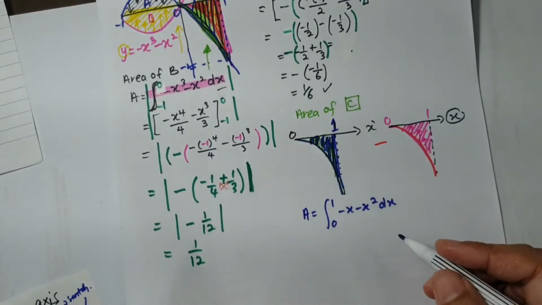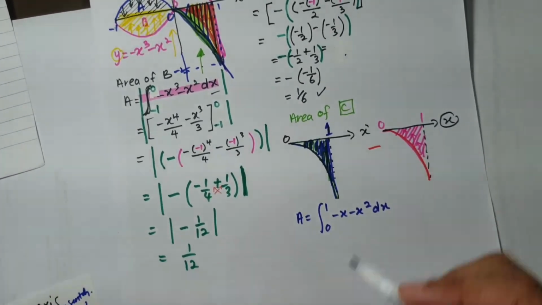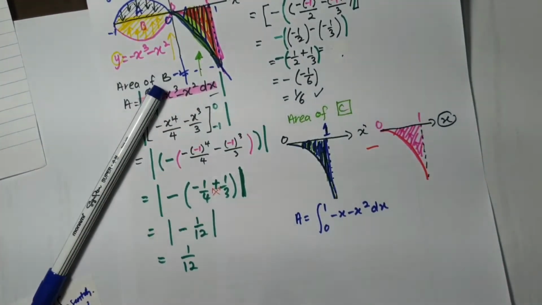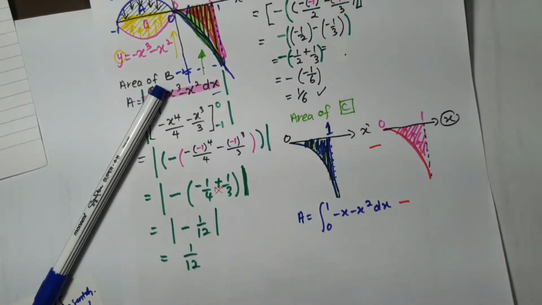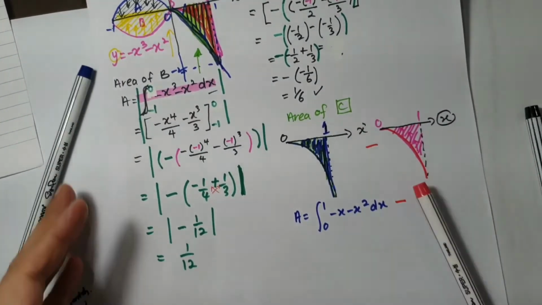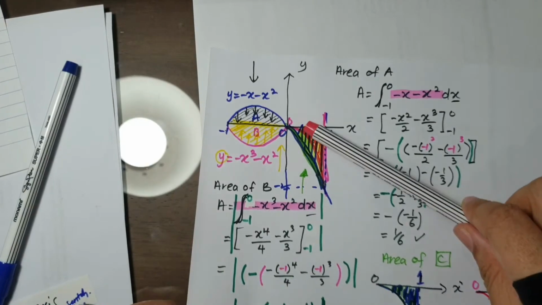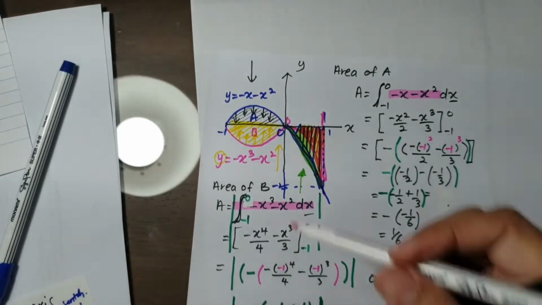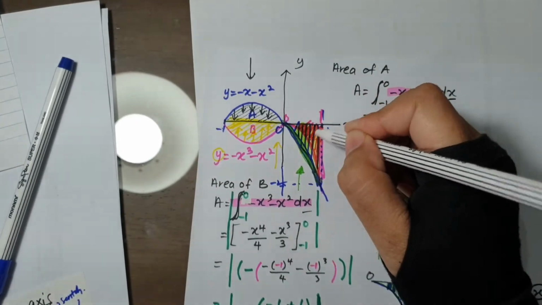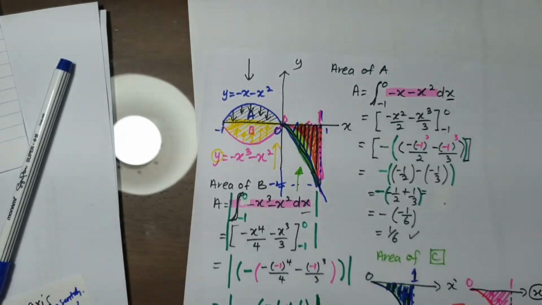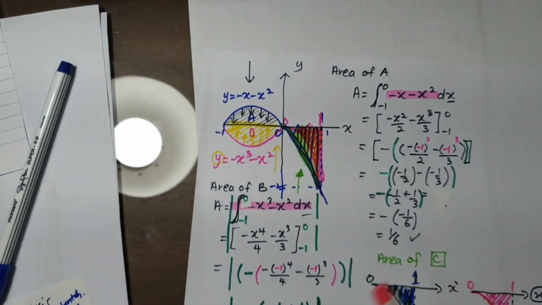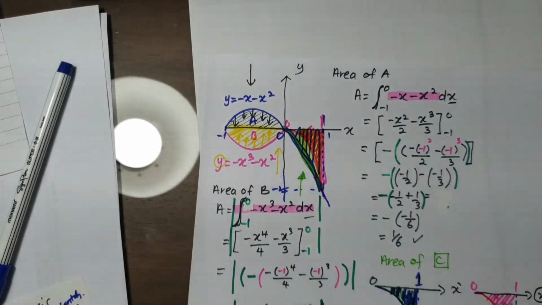Okay, kena minus dengan, kena tolak pink curve. Pink yang bawah ni tadi, part ni je. Part ini. Okay, kita pakai pink.